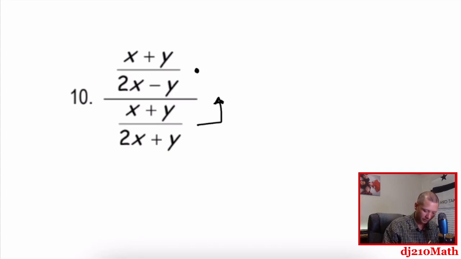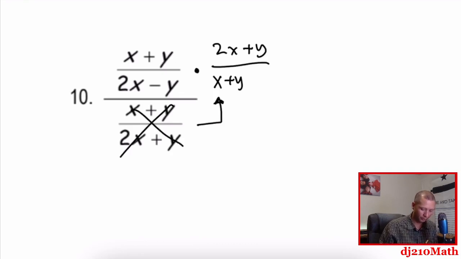So what I mean is x plus y, 2x plus y. All right, so we flip the bottom, and now that it's multiplication, right, we no longer need the bottom. We start canceling things.